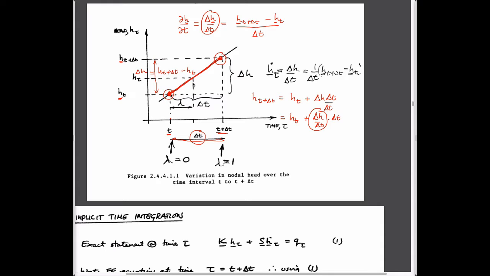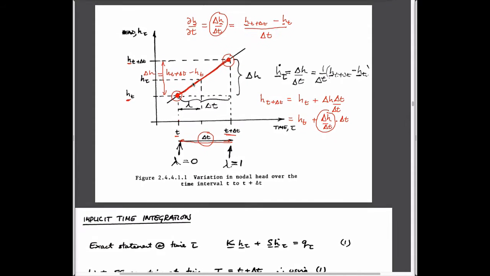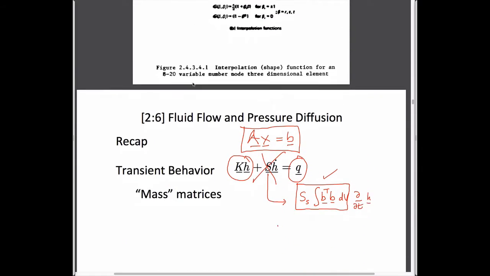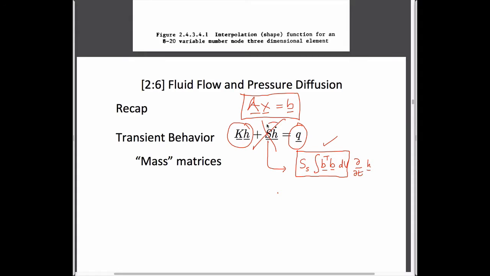And so what we'd like to be able to do is use these relationships to figure out exactly how we can march in time and solve this system of equations, which if we come back to this is this, that include this factor here. And there are two ways we can do it. We can do it by a method which is called implicit, which is the first one we'll talk about.